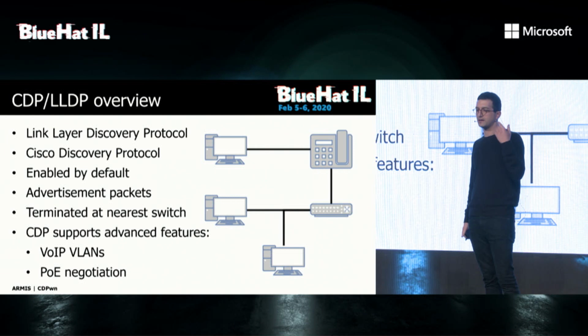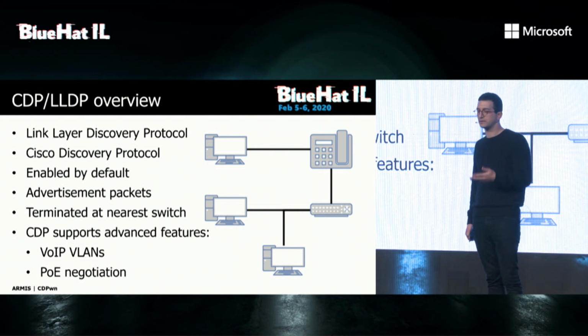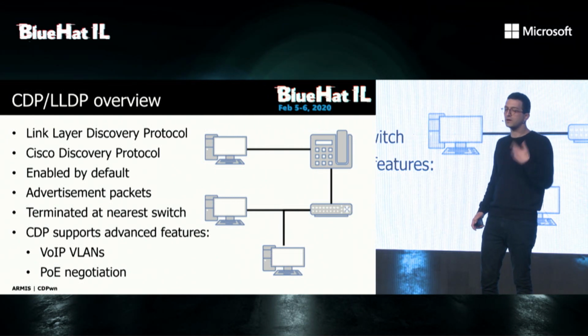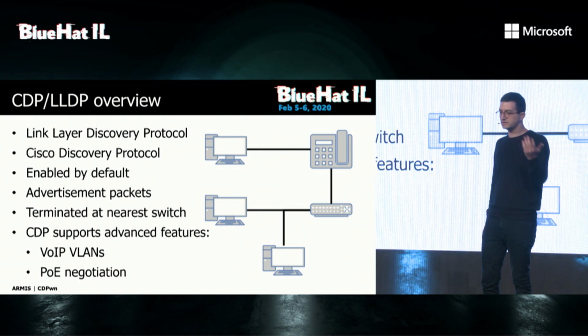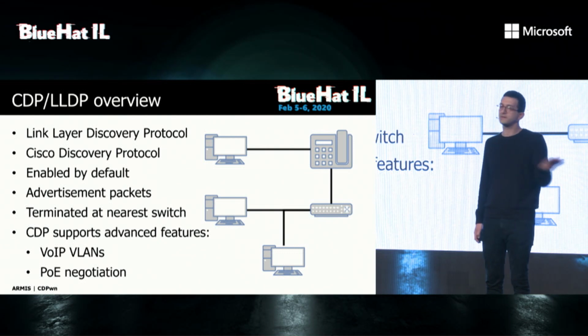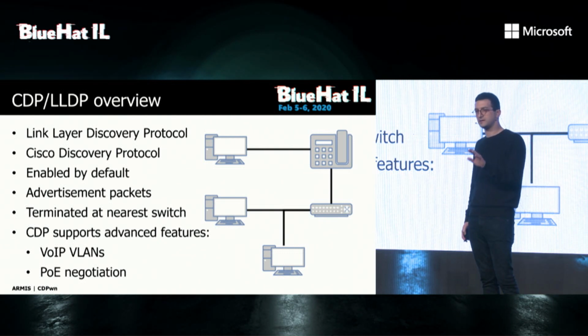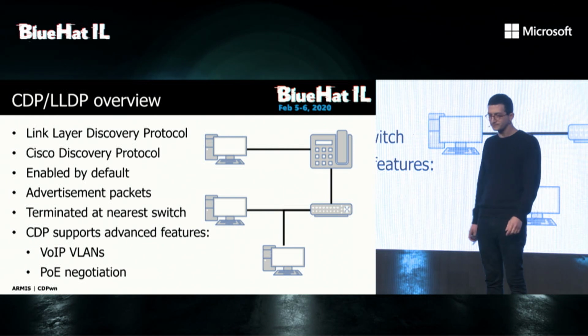In addition, VoIP phones are powered with power over Ethernet, and they negotiate the power level that they'd like to receive from the switch, also using CDP. So CDP was not meant for this originally, but nevertheless, today it's also used for these features.